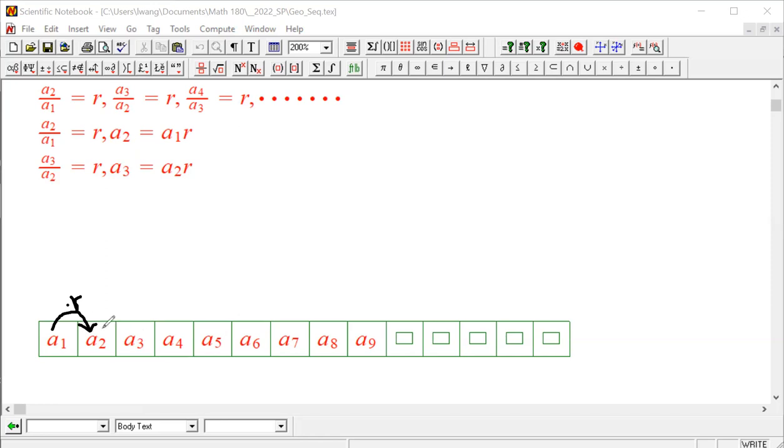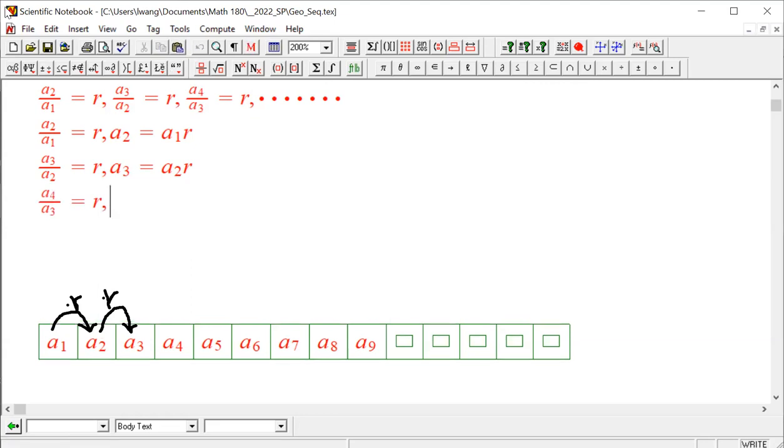Continuing from a sub 4 over a sub 3, we get a sub 4 equals a sub 3 multiplied by r. So this process will keep going and going forever.